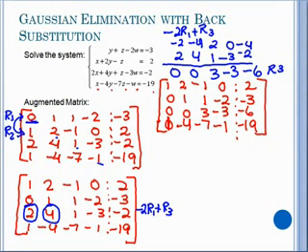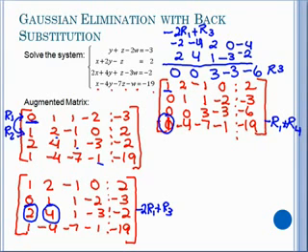Next operation we're going to do, we want to take care of this 1 out in front here. So let's do -1 times row 1, because that's the only one left that has any numbers in that first spot. Okay, so we're going to do -R1 plus R4.